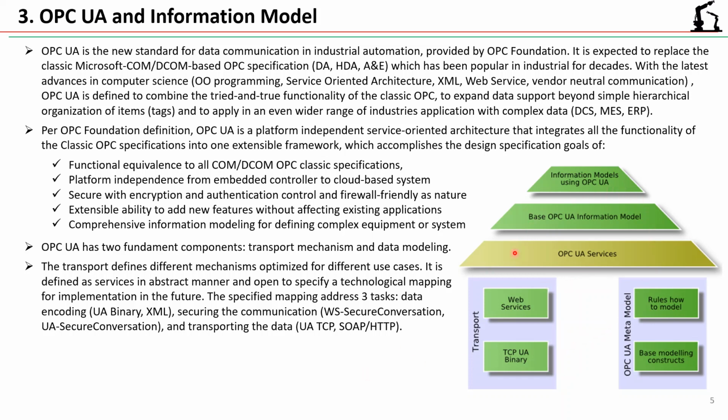If you look at this figure, beside the core OPC standard, you can see that OPC UA has two fundamental components, which are very important. One is the transport mechanism, the other is data modeling. The transport mechanism defines different ways for different use cases.